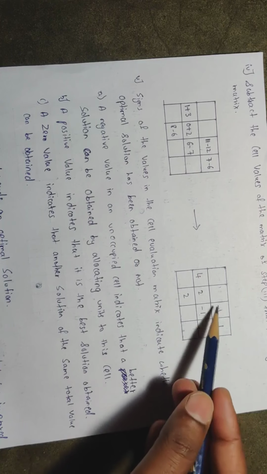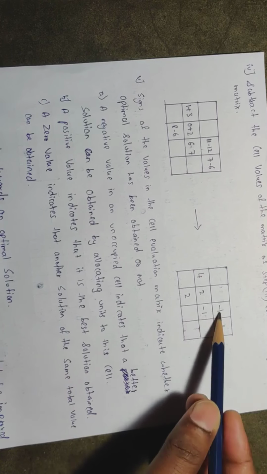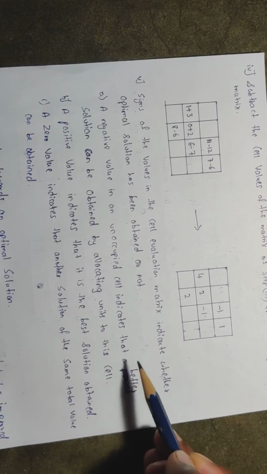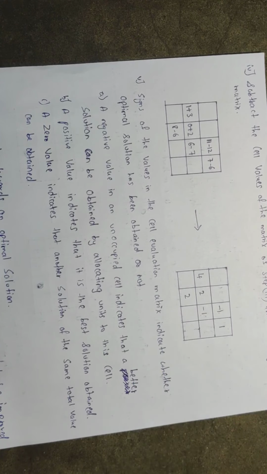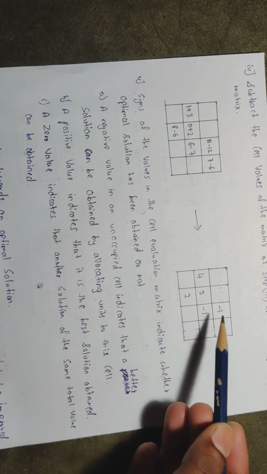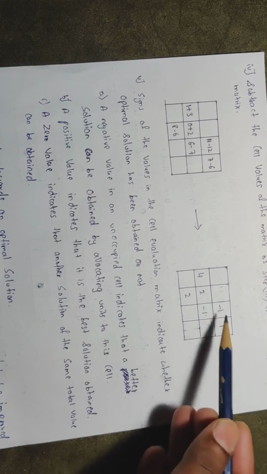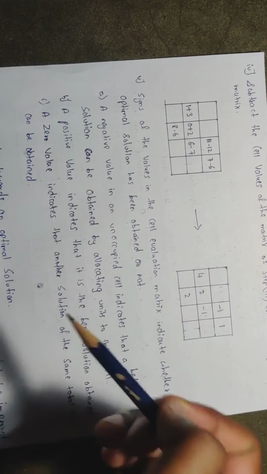If the two values are different, say here minus 1 and here minus 2, whichever one is closest to 0 will yield the best solution. So I would select minus 1 if the other were minus 2. But in this condition both are the same. Now which one are you going to select?